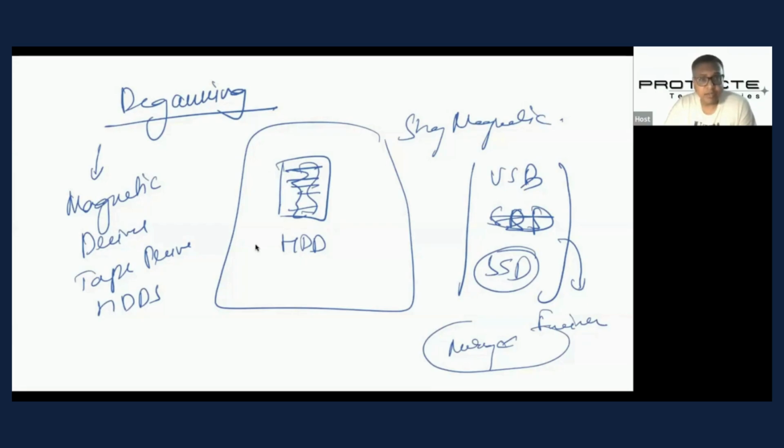Finally, there are many organizations which do not reuse their media. They just finally destroy it, and they don't even sell it to any scrapyard. They shred it in physical shredders and get rid of the hard drive itself. Okay, clear? Any doubts?